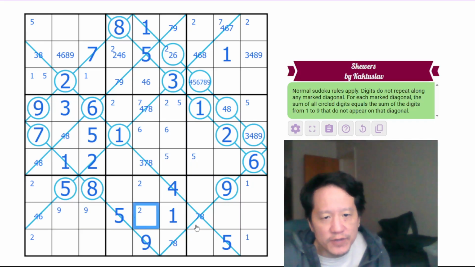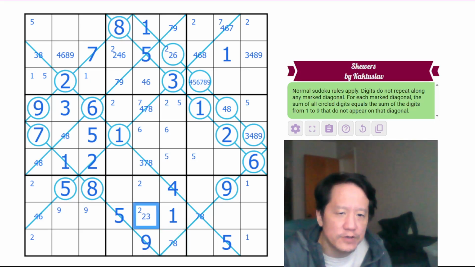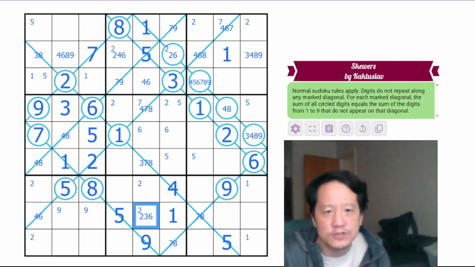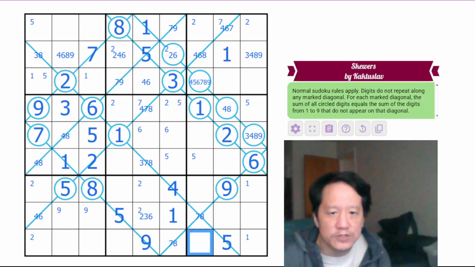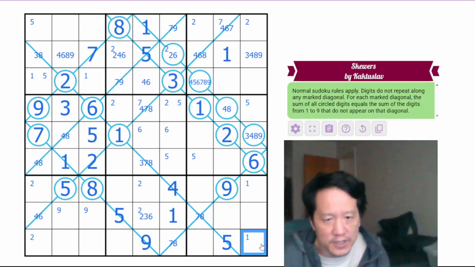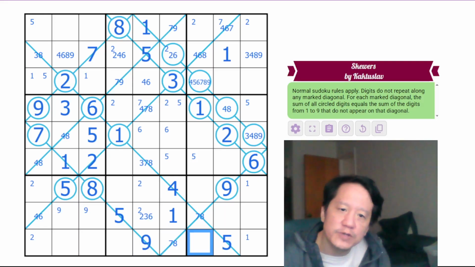This digit cannot be 7 or 8 because it sees both this line, this cell, and this cell. So it can be 2, 3, no 1, 4, 5, 6, no 7, 8, or 9. So that's 2, 3, or 6. This digit cannot be 7 or 8. This digit cannot be 7 or 8 because they both see those. So this has to be 1 through 4, and then 6.